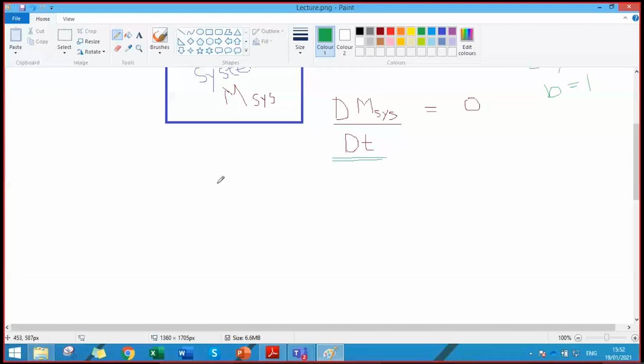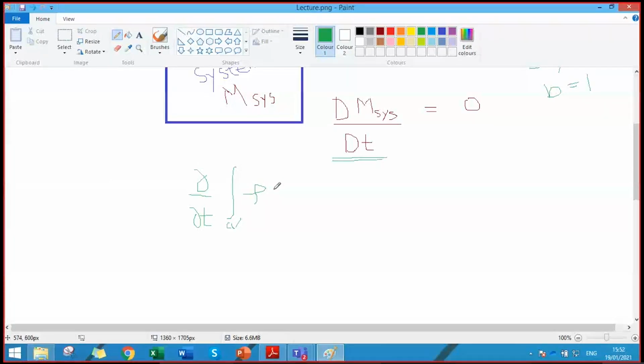It would be partial by partial t, integral control volume rho.